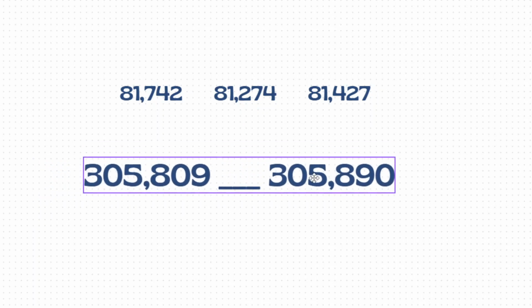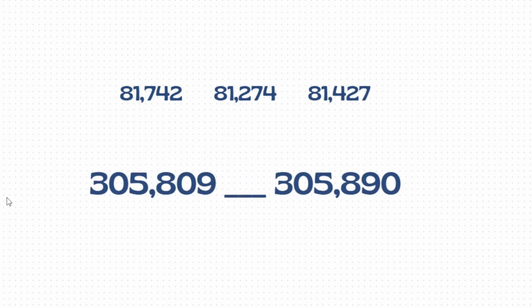First, practice saying it. Then, in the chat, simply use a greater than or less than symbol to tell me which one it should be. Then, please tell me which place is the place that made you determine your answer.